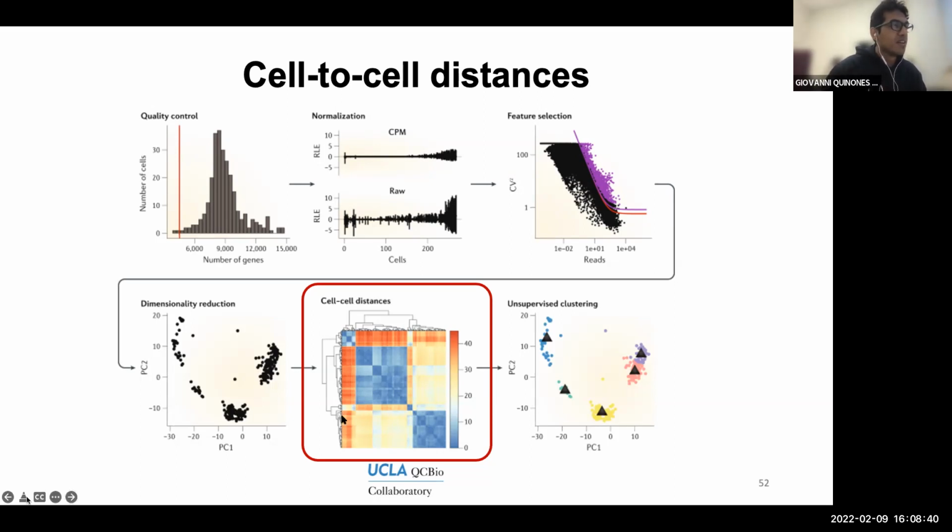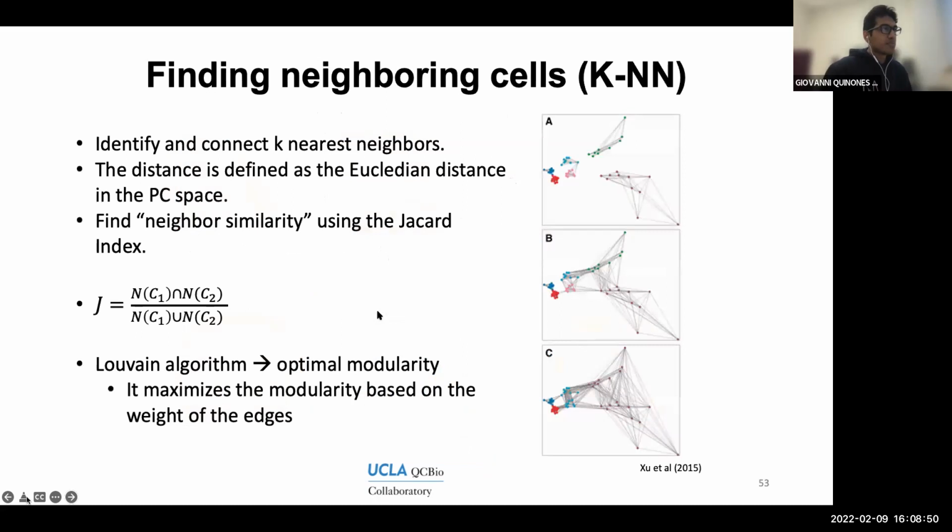The way we are going to do that is by first looking at a metric that we'll calculate, which is a cell-to-cell distance. To calculate distance between cells, distance as in how similar the gene expression profile is between two cells, there have been a bunch of methods and multiple algorithms developed.